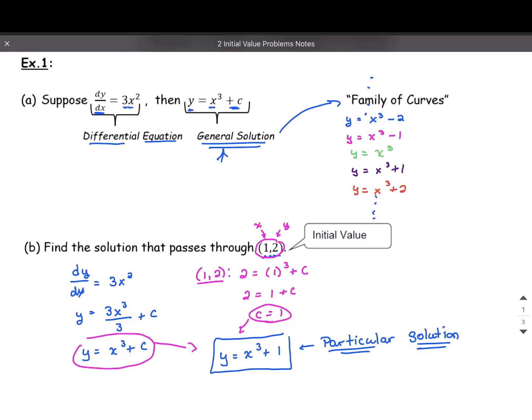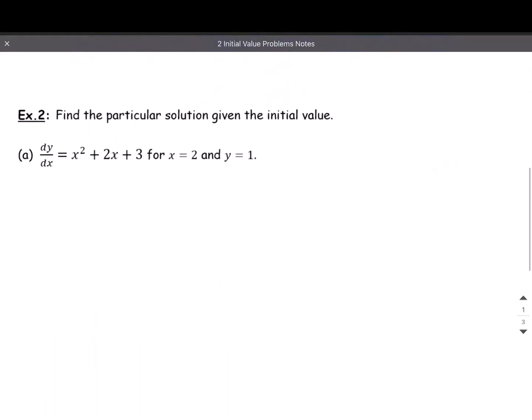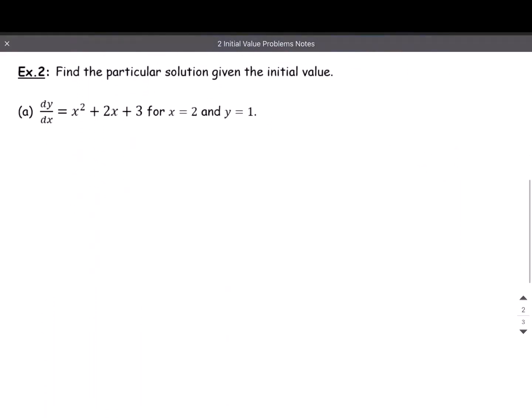Let's try just a couple more. We are going to find the particular solution given the initial value for each differential equation. Our first differential equation, dy dx equals x squared plus 2x plus 3. The antiderivative of dy dx is y. The antiderivative of x squared is x to the third, divided by 3.